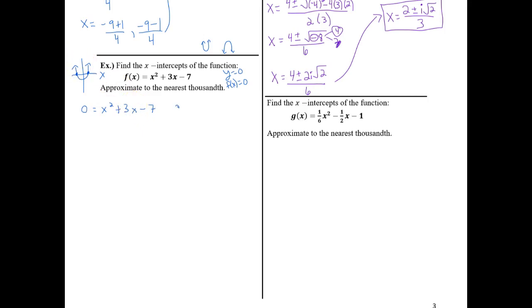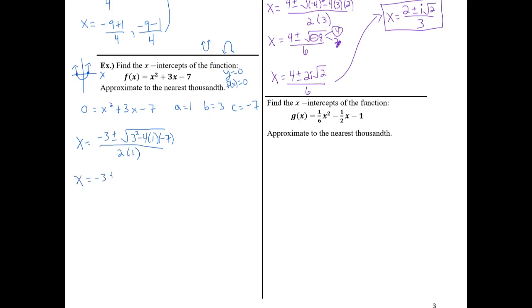So identifying, a is 1, b equals 3, and c equals negative 7. I'm going to plug this into my formula. Negative b plus or minus the square root of b squared minus 4 times a times c, all divided by 2 times a.